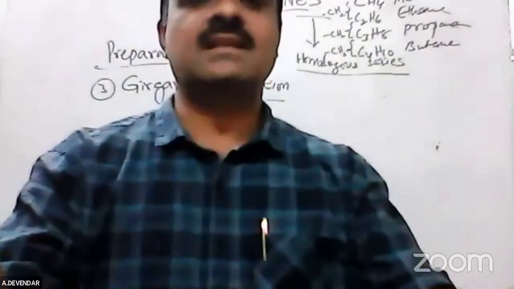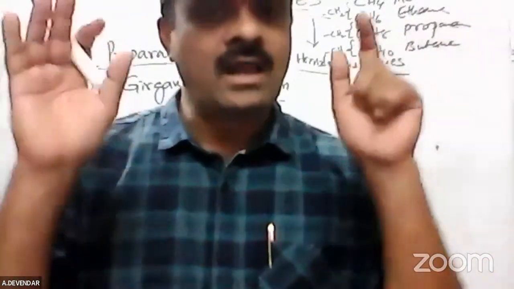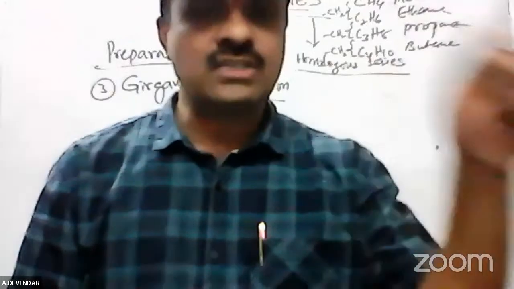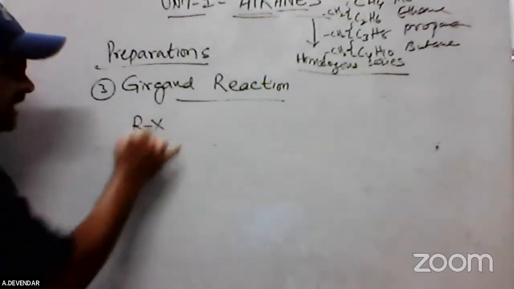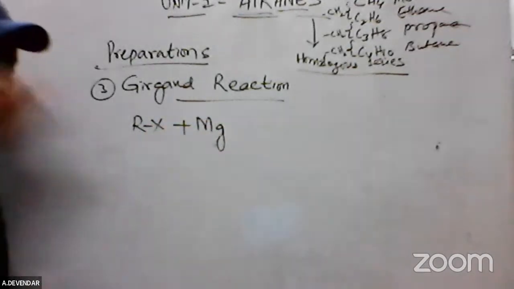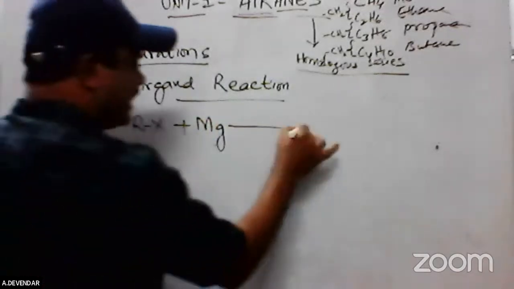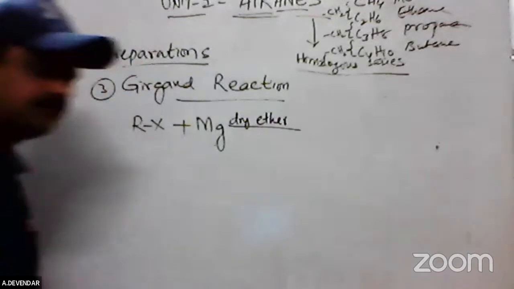The remaining raw material is the same. In the Wurtz reaction we take alkyl halide, here also alkyl halide, but the metal is magnesium, previously sodium. And the solvent is dry ether, here also dry ether.